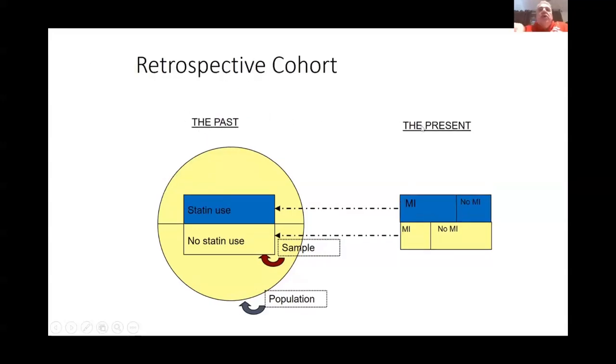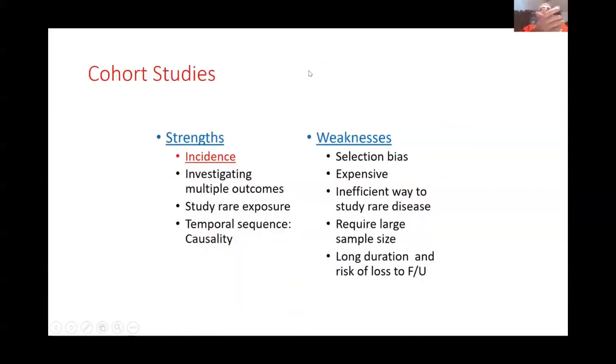As you see, in a prospective cohort, you go from present into future. Retrospective, starting in the present and going back to the past. Retrospective cohort.